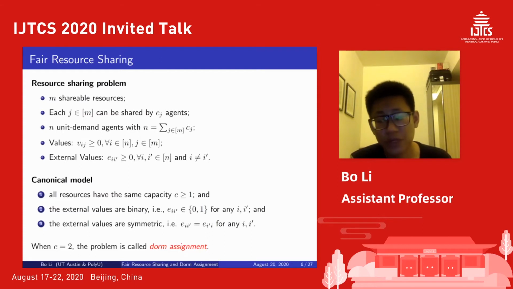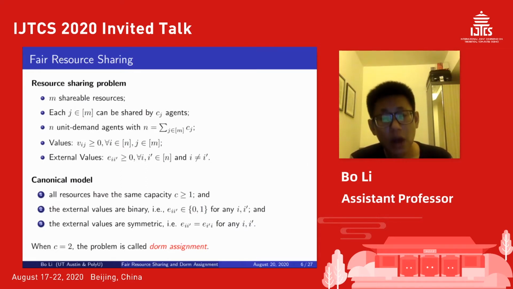No matter which resource agent i shares with agent i prime, agent i's utility gain is e_ii'. And in the current work, we assume all the external values are non-negative, but some results can be extended to negative external values.